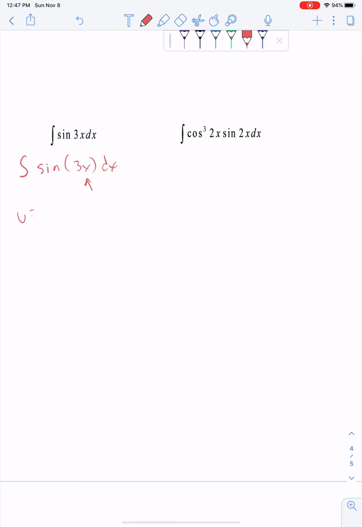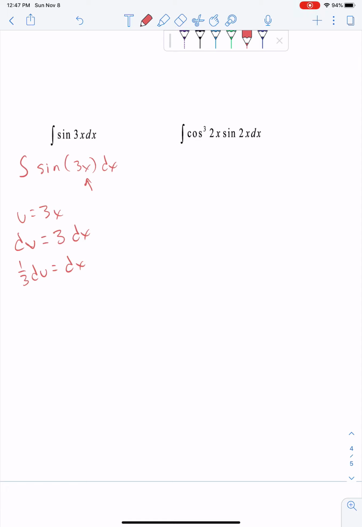So I'm going to say that u is equal to 3x, which means that du is equal to 3 dx, which means that 1/3 du is equal to dx. I divided by 3 on both sides to get the 1/3 du.